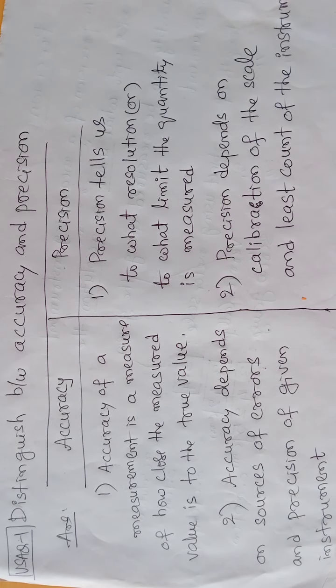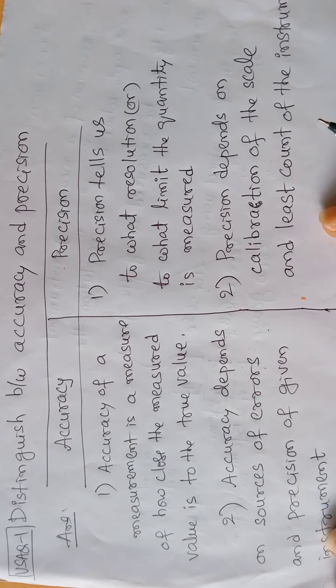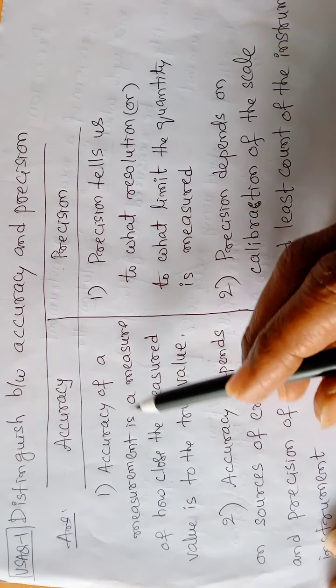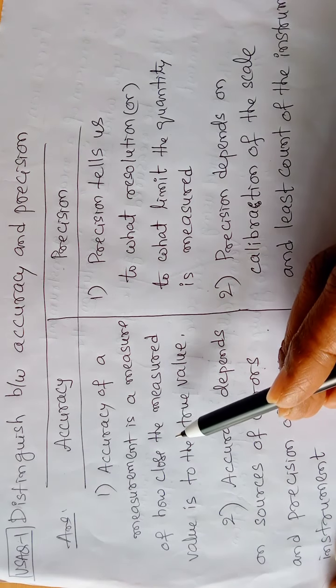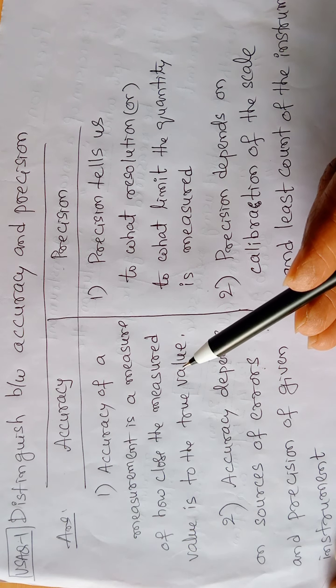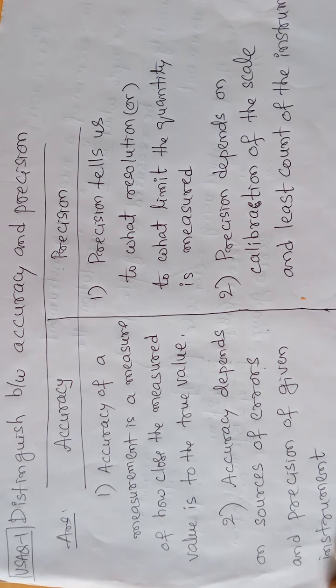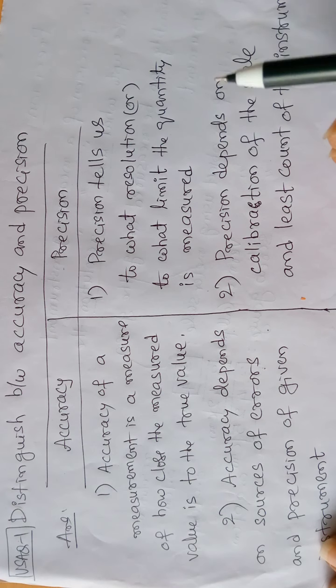Now, let us distinguish between accuracy and precision. First, accuracy of a measurement is a measure of how close the measured value is to the true value. But precision tells us to what resolution or to what limit the quantity can be measured.